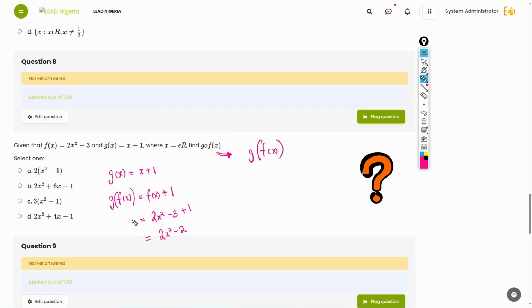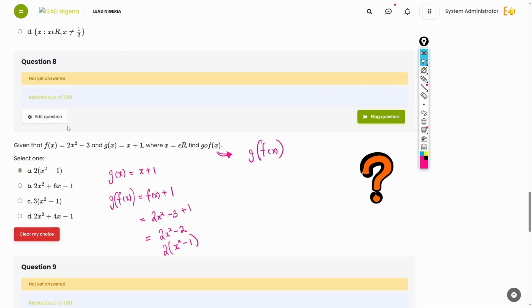All right, so if you look at the options, you might think the correct answer is not there, but notice that if you factor out 2 here, you end up with option A as written. So that's the correct answer.